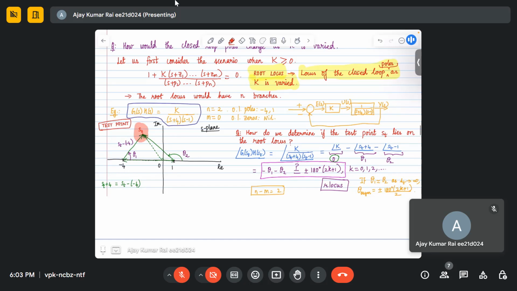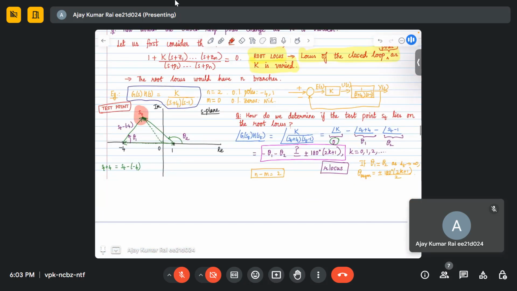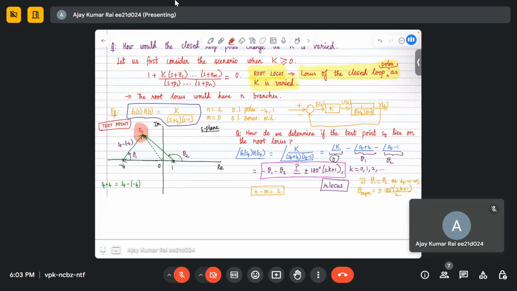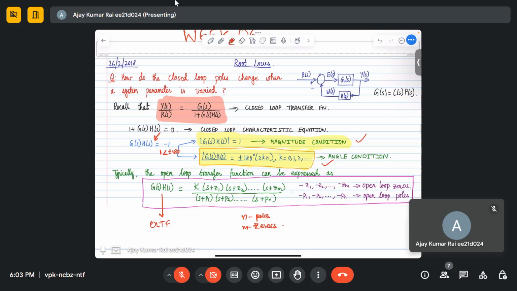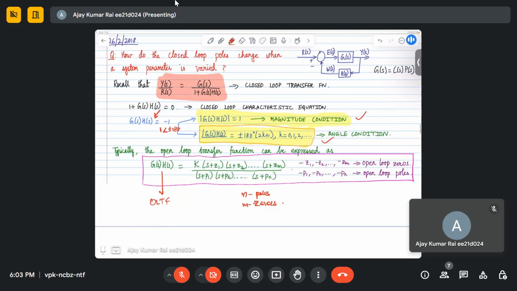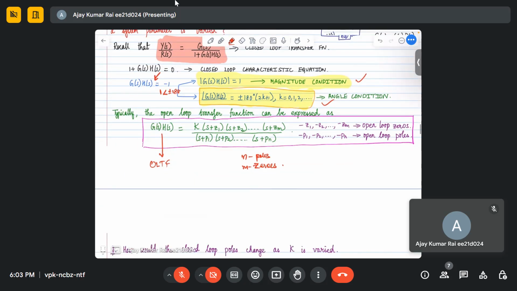If it satisfies the magnitude condition and the angle condition, the point lies on the root locus. Most of the steps we saw in the lectures are derived from this angle condition.